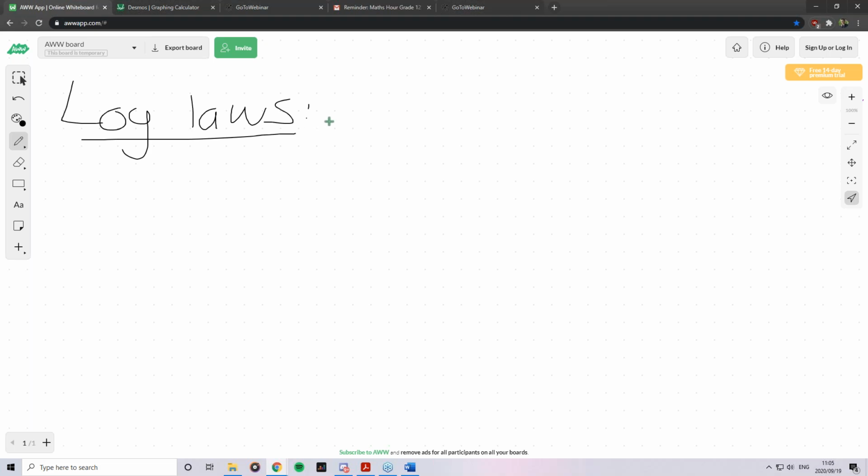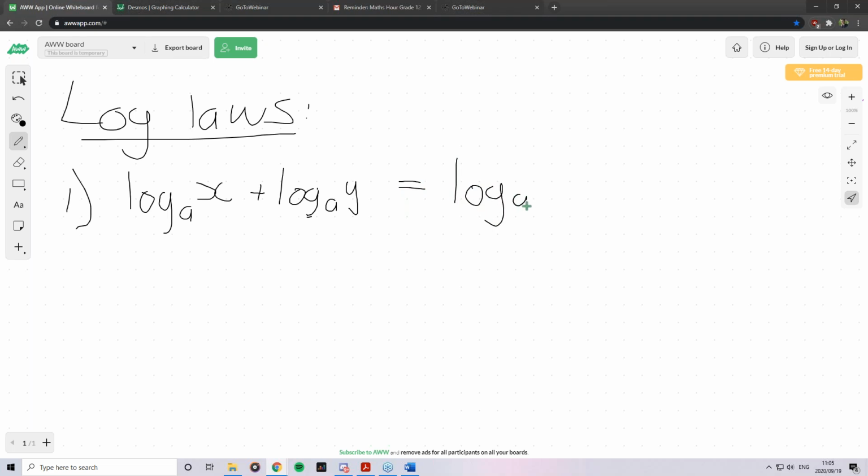Let's say, here's our first log law. We have log base a of x plus log base a of y is equal to log base a of x times y.